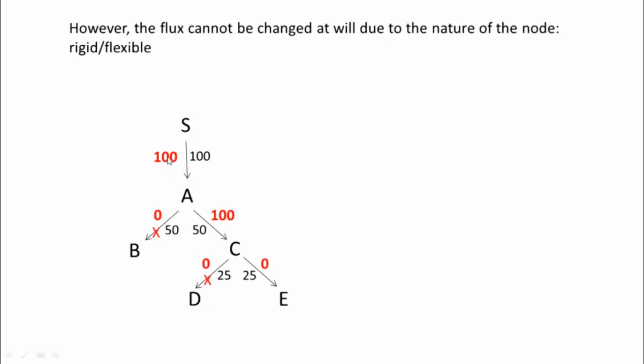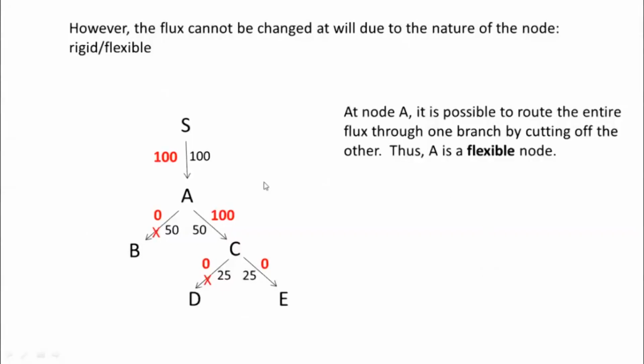On cutting off these, the 100 becomes 0 here, but it is 100 here. Whereas by cutting off this, both these fluxes have become 0. It's not easy to observe this, but let us say this has happened. If this has happened at the node A, it is possible to reroute the entire flux through one branch. Let's say this is the desired branch. By cutting off this branch, we are able to reroute all the flux through this branch, and therefore this is a flexible node.